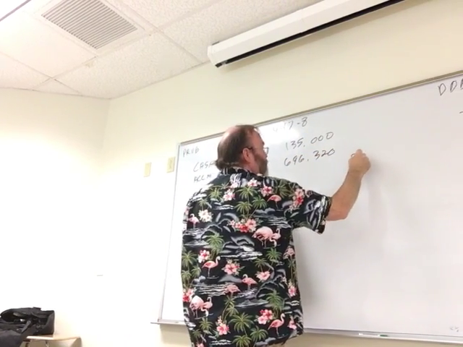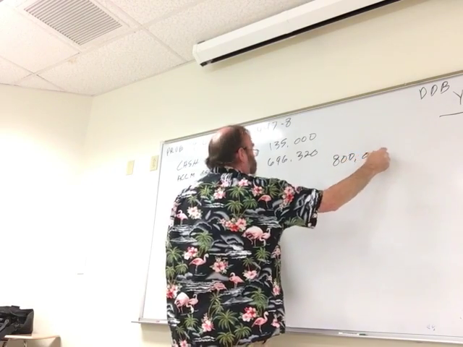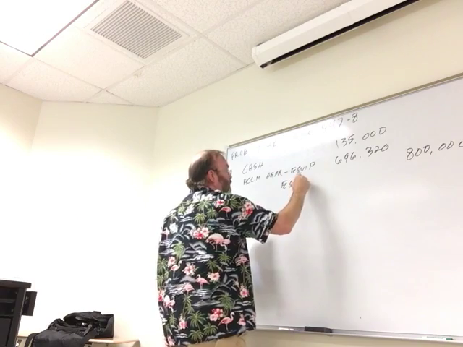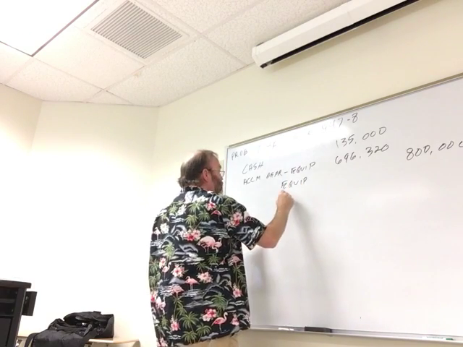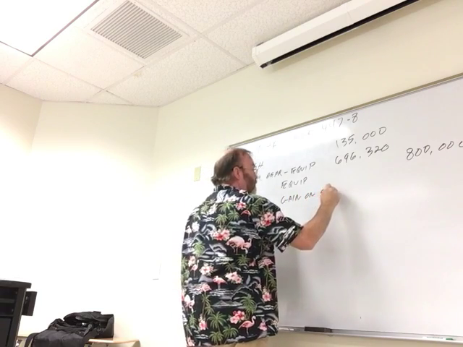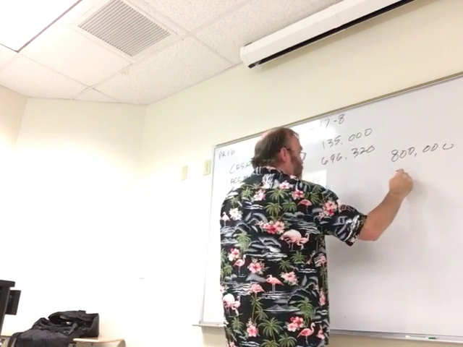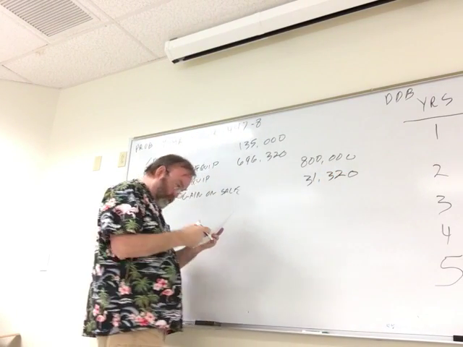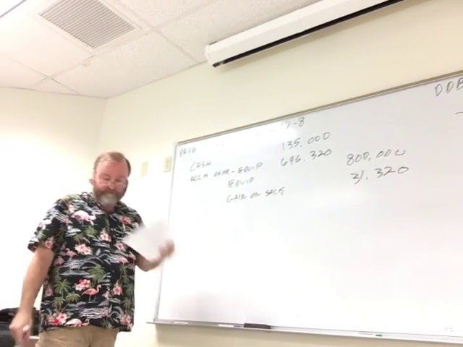You have $800,000 in the original cost. That's your credit to the equipment account. And gain on sale of equipment equals $31,320. All right?